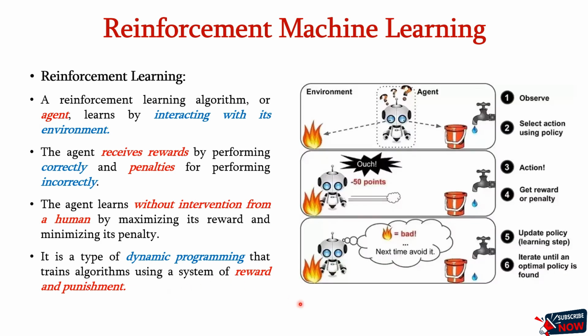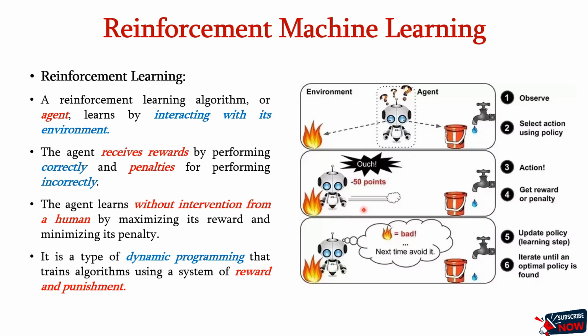So this diagram illustrates the concept of reinforcement learning. So we have the agent here and we have the environment with fire and water. First the agent observes the environment and selects the action using its policy. So first it selects the fire. Once it goes to the fire, it gets the punishment because it is the wrong option.